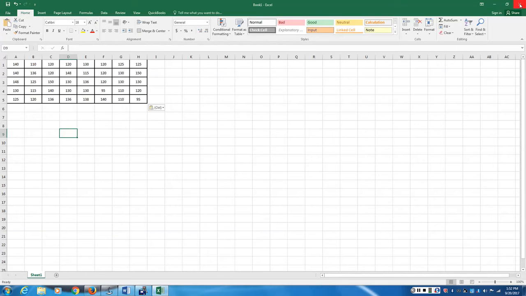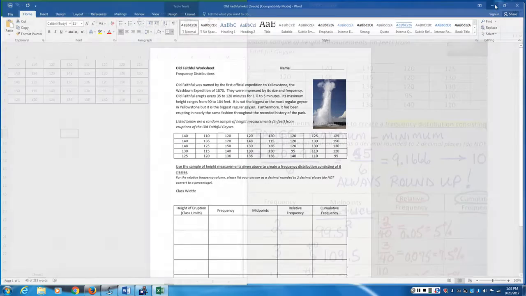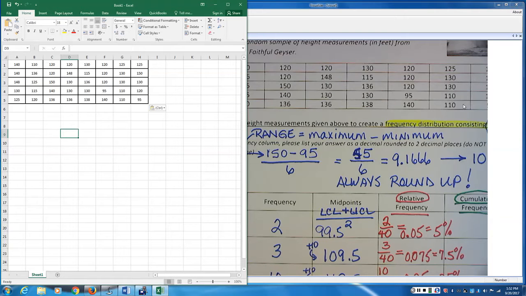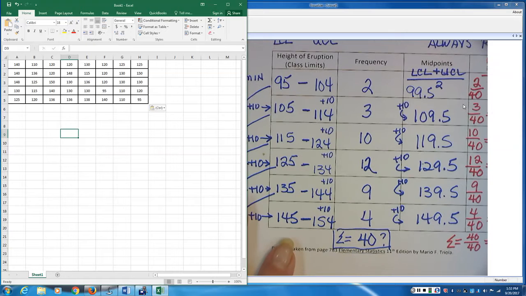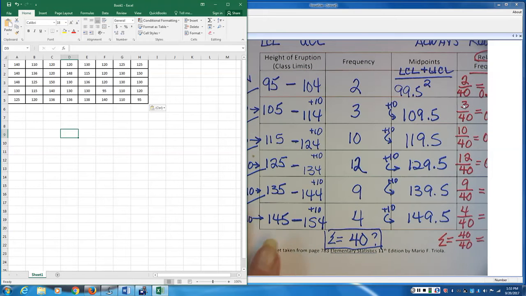That's just something for you to know that you might find useful. What we really want to do here, whether you got that or not, is type those class limits and the frequencies into a table in Excel. So I'm going to pick a place in the sheet somewhere, I don't care where you choose, and type the word class limits.